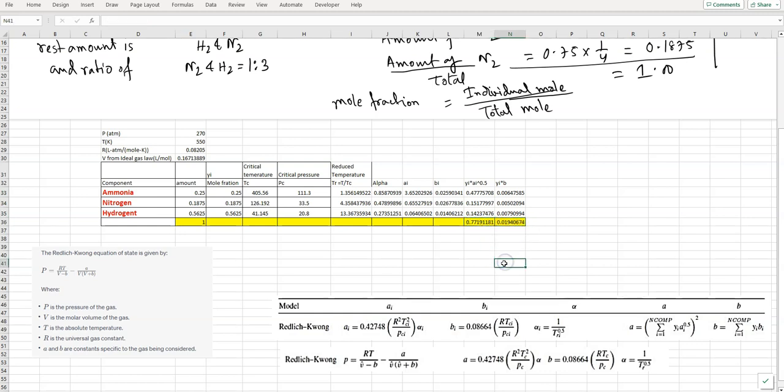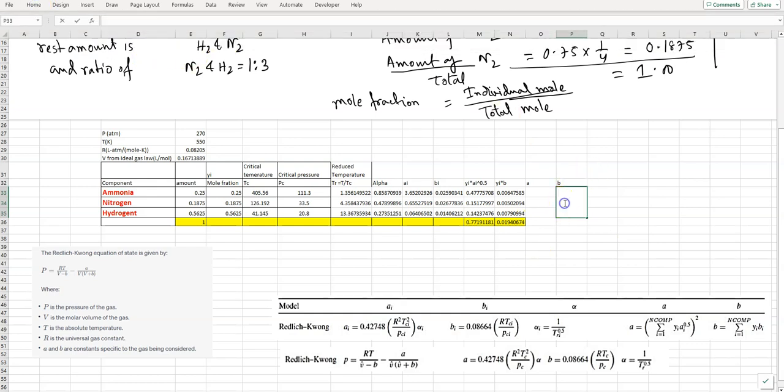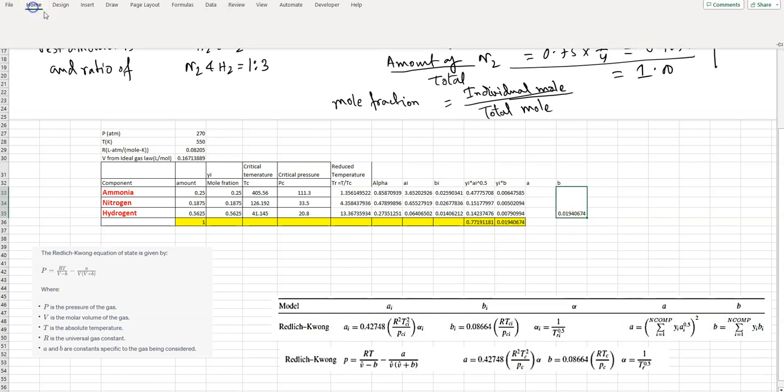So now we are getting the summation of yi ai to the power 0.5 and yi bi. Now A and B will follow. B will be simply the summation of that. So I'll just merge this column. That will be nothing but this value is equal to this.